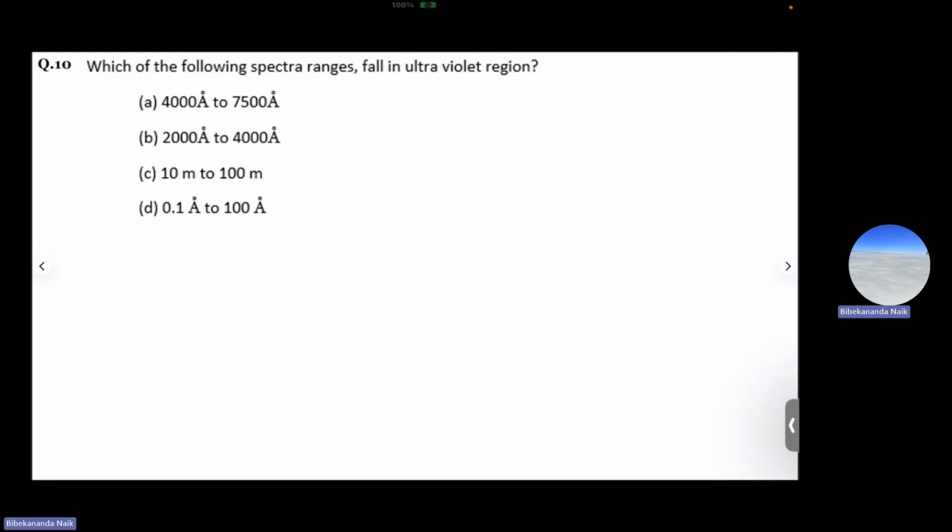So we know in the electromagnetic spectrum different regions are arranged in terms of their wavelength and frequency. For visible region the wavelength will be more, for ultraviolet region the wavelength will be less. For radio waves the wavelength will be again higher, and the least wavelength will be of X-rays.